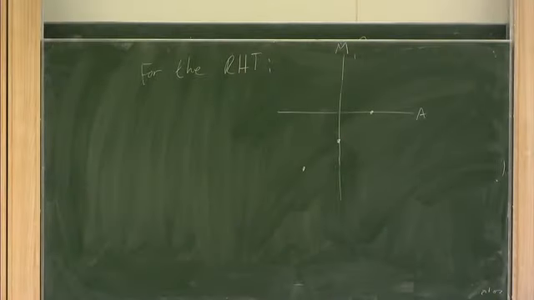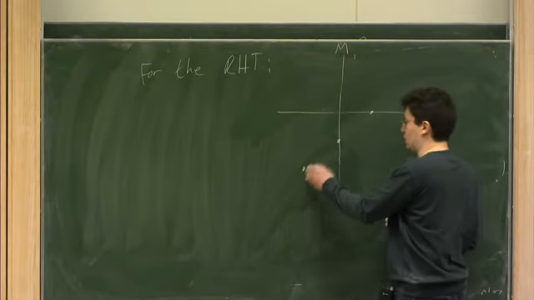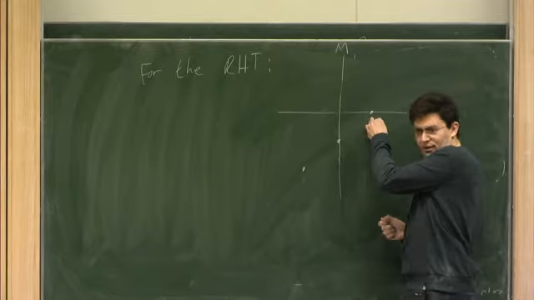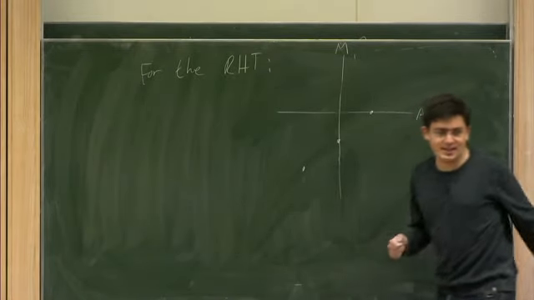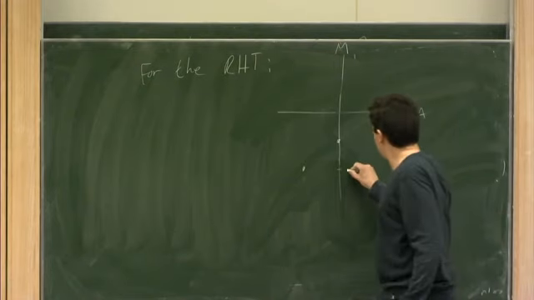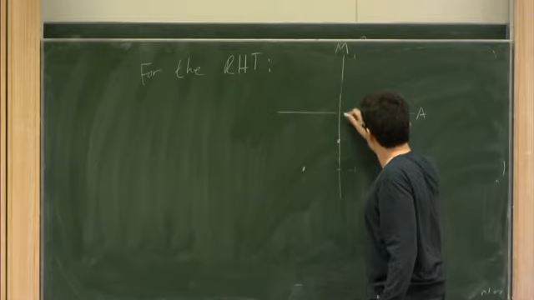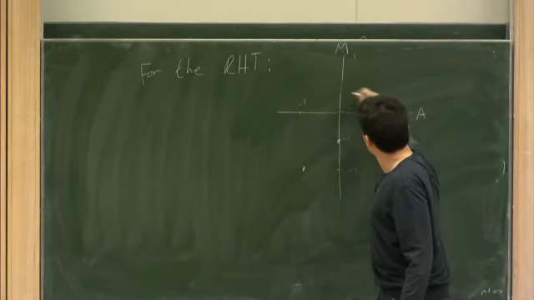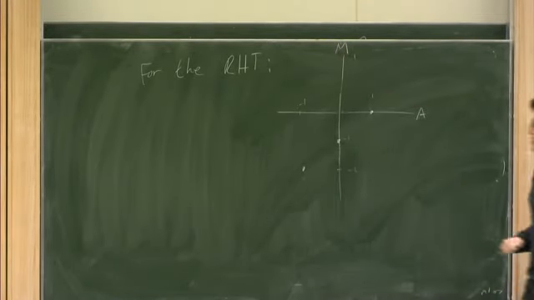Those were my three generators that I wrote down before. So I had one in Alexander grading minus 1, one in 0, and one in 1. And the Maslov gradings, I claim, were as I've drawn them: minus 2, minus 1, and 0. Okay, so there we go.